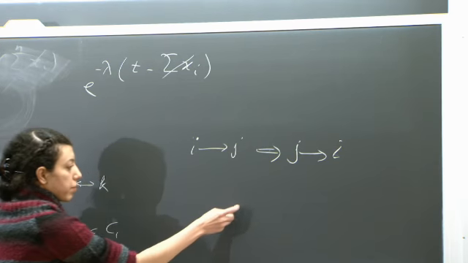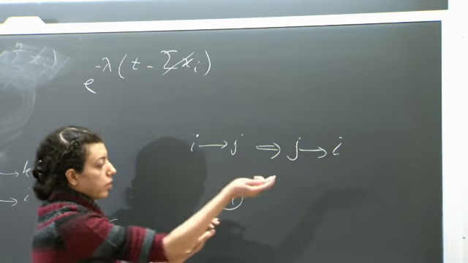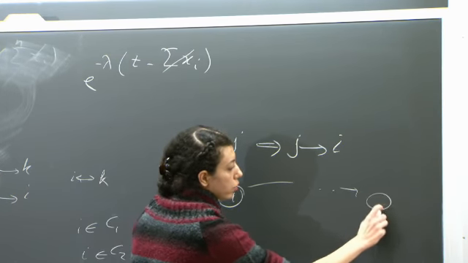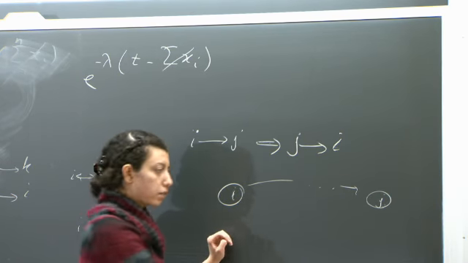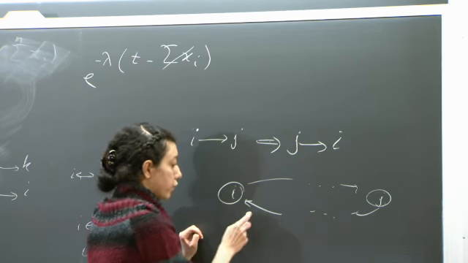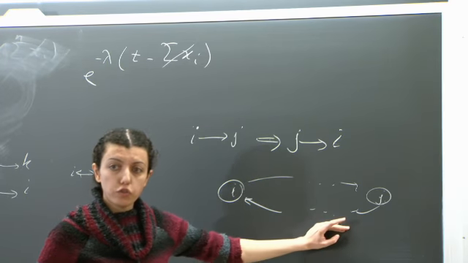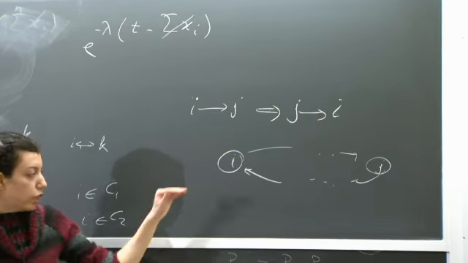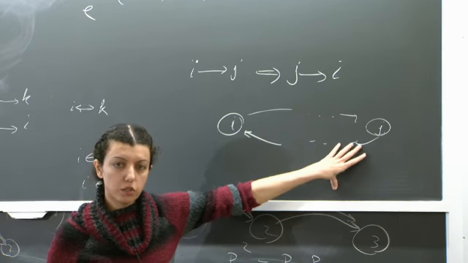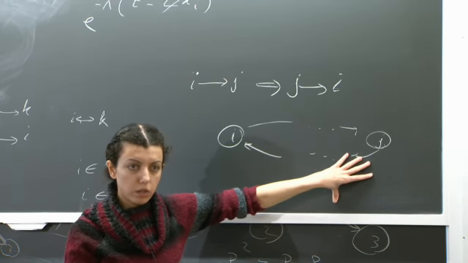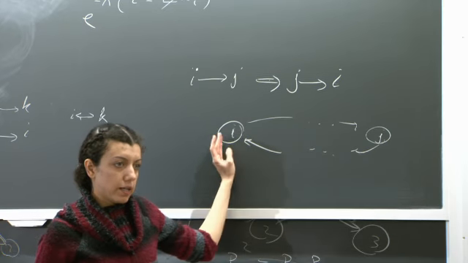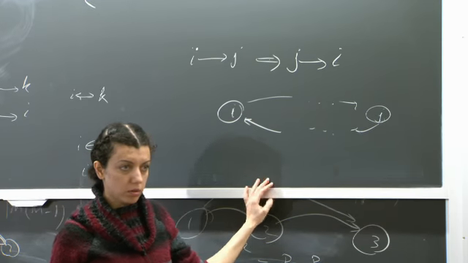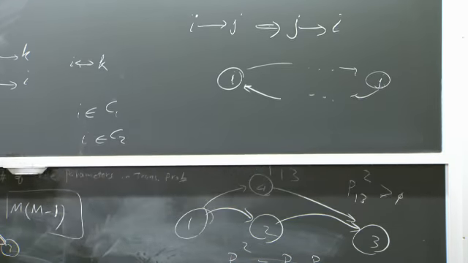So if from some state i, in some number of steps, I can go to some state j, I can get back to i from this state for sure. And this should be true for all the states in the Markov chain. So if there is a walk from i to j, there should be a walk from j to i too. If this is true, then i is recurrent. This is the definition of recurrence.